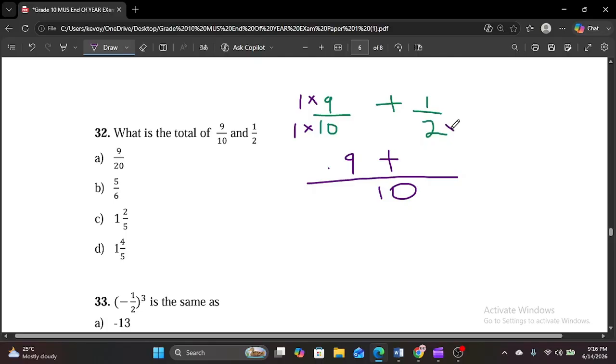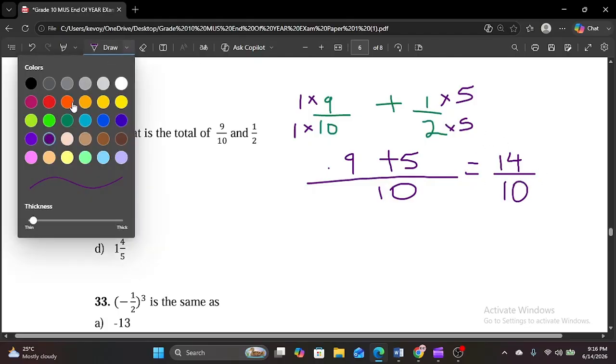You multiply it by 5. 5 times 2 is 10. You multiply the bottom, you must multiply the top. 5 times 1 is 5. So 9 plus 5 is equal to 14 over 10. And you just simplify.